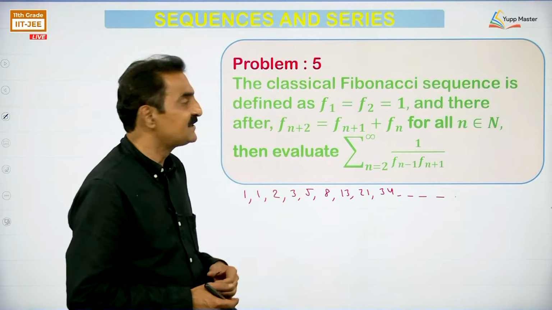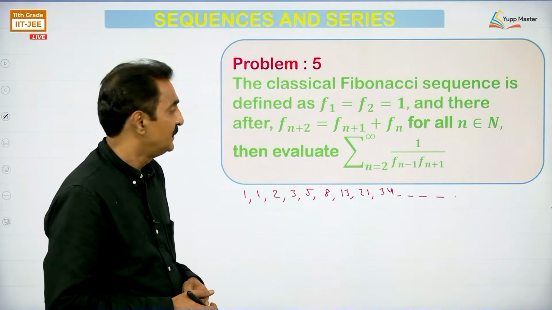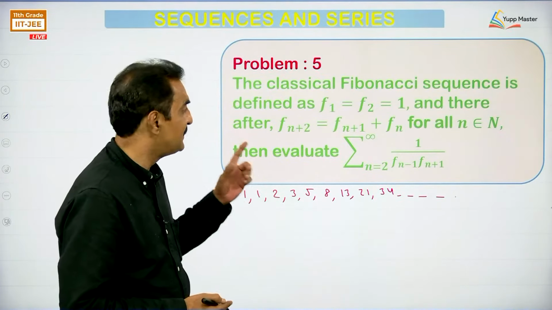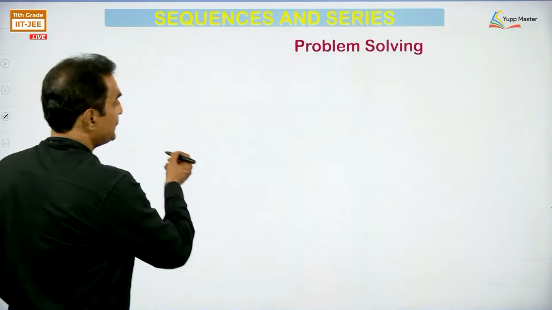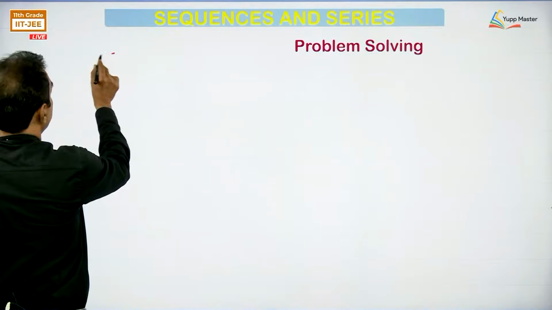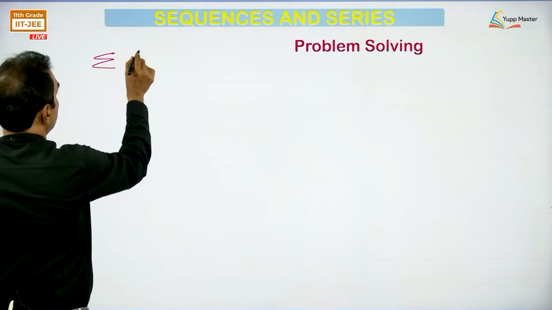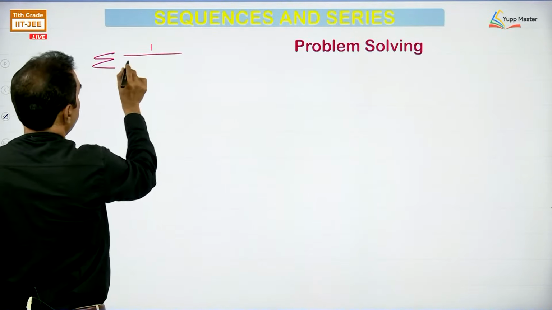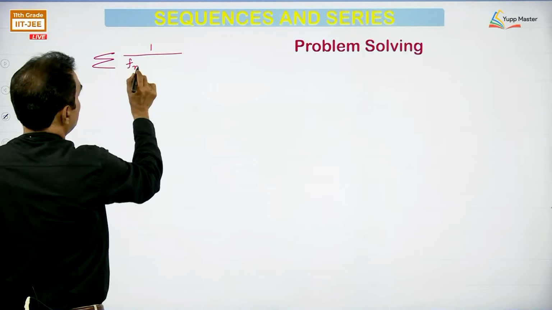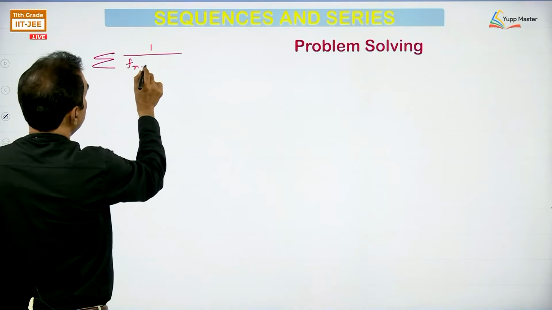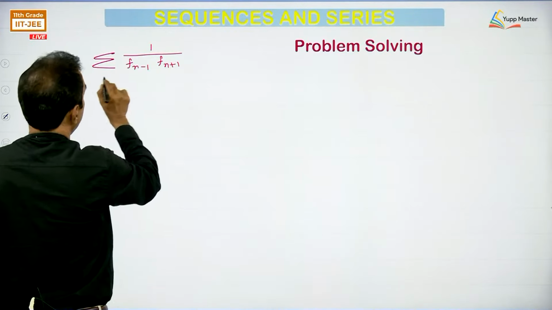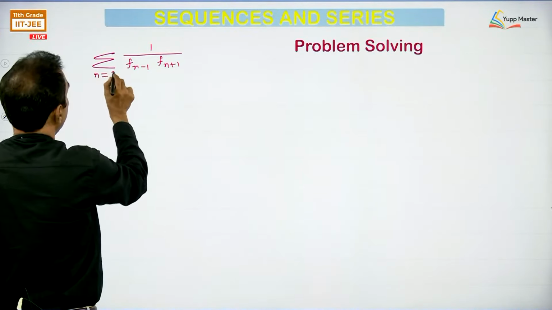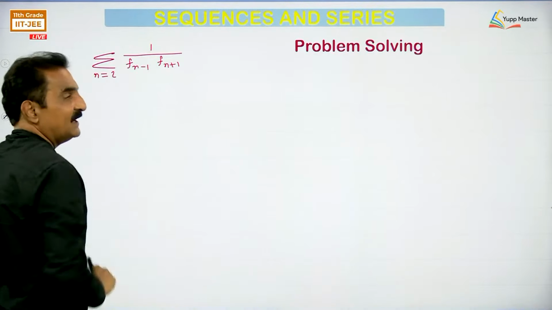Now, we have to find this summation. For finding this summation, let us write it on the next page. Sigma 1 by f(n-1) f(n+1), n varies from 2 to infinity.